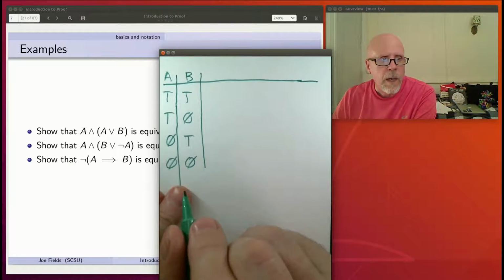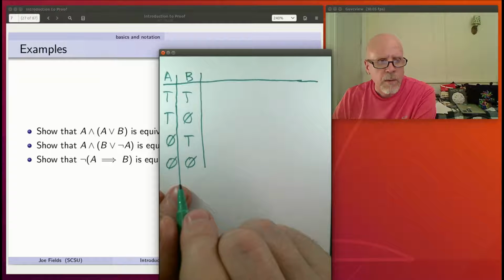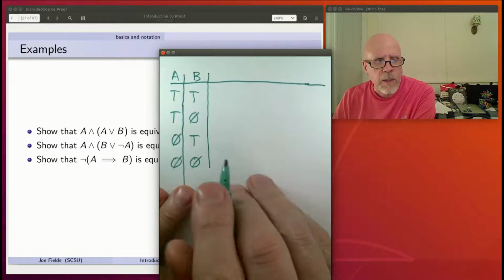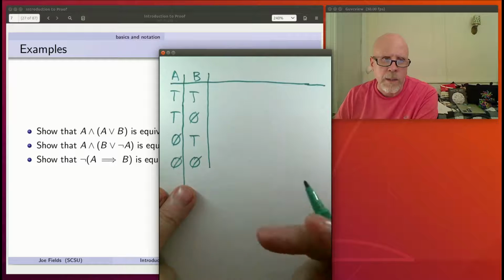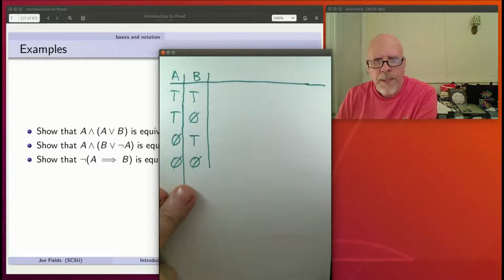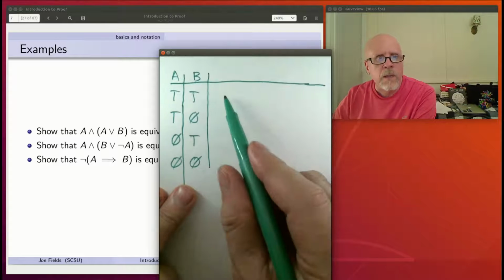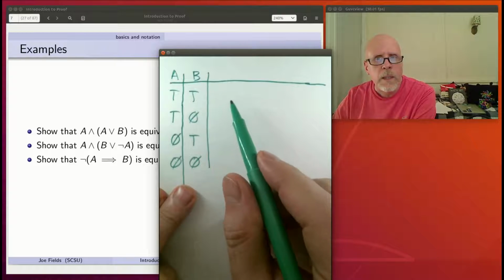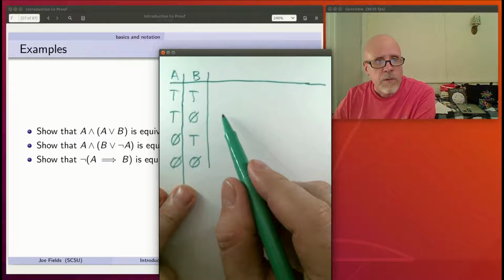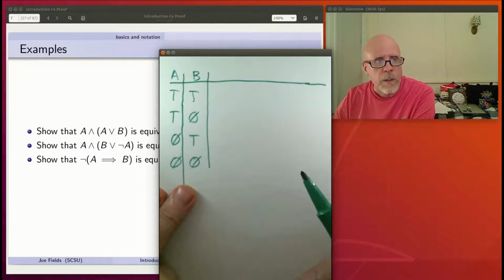Okay, so I don't know if I need to have a third column for this. I was thinking I would put down A implies B and then write down its negation. But we did enough of A implies B before that you're probably real familiar with what A implies B looks like. It's got the vacuous truth downstairs. It's got the true in row 1, and then it's false just here in row 2.